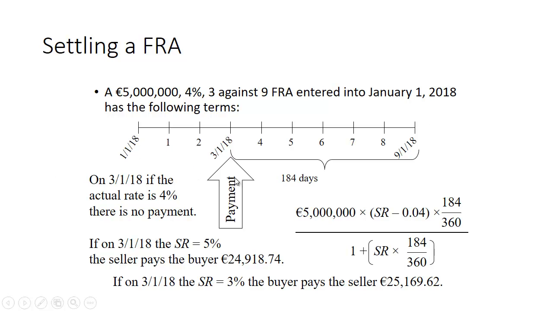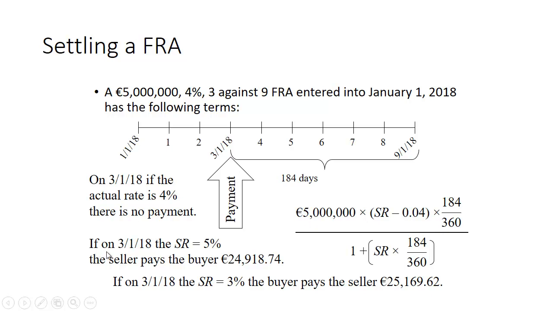The payment is made 3 months later on March 1st of 2018. And it's for this 184-day interest rate. Okay, 6-month rate. So, as we said before, if the actual rate is 4%, then no money changes hands.